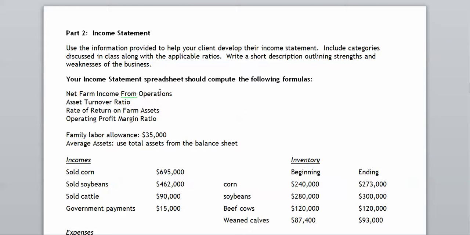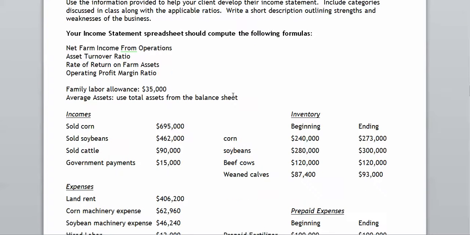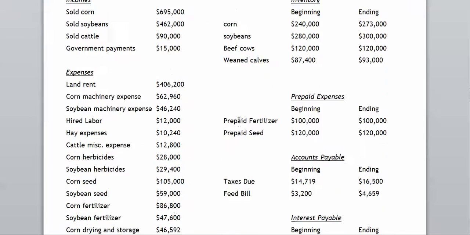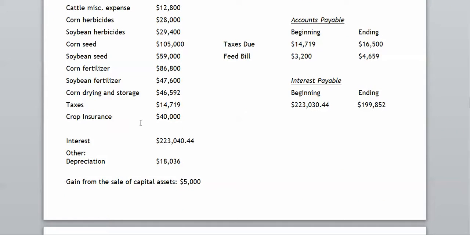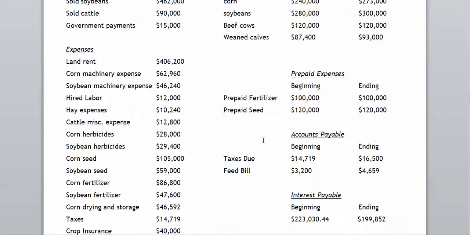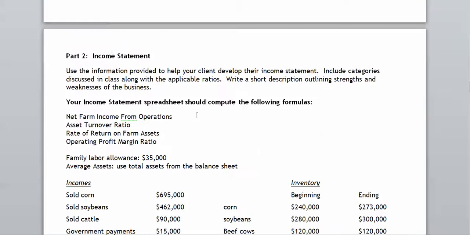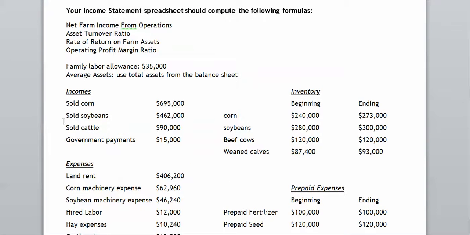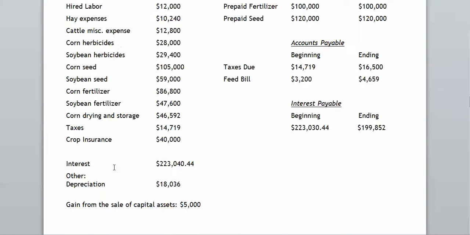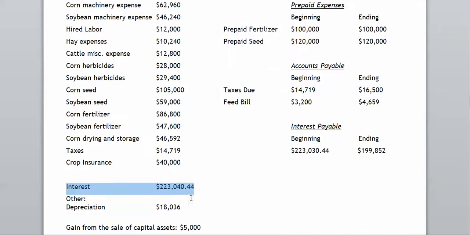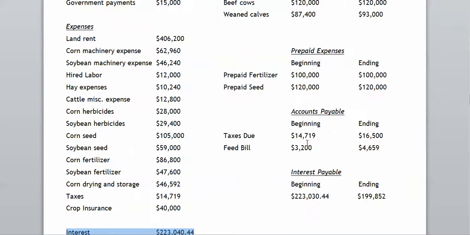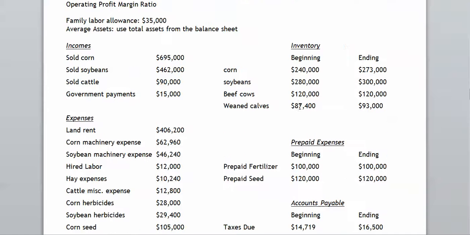For the income statement, here's the information to apply to the income statement. Again, we have incomes, expenses. Make sure you put interest with cash interest paid. This is cash interest paid. And then we're going to make our adjustments to interest payable, accounts payable, prepaid expenses, and inventories.